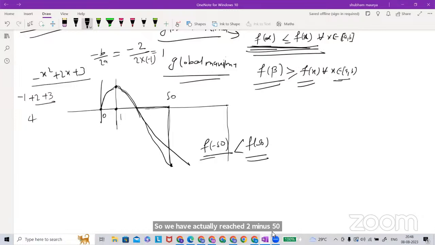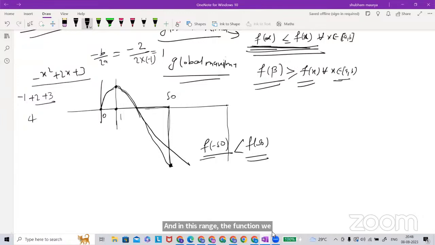This is also continuously decreasing here, but we got that minus 50 is lesser than the function value at 50. Okay, clear. And in this range, the function we have is like this.